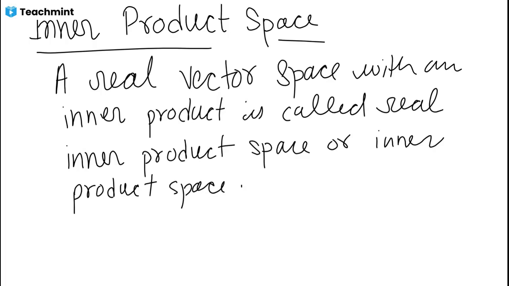A vector space will have certain vectors, so if those vectors satisfy the inner product axioms, then that vector space is called an inner product space. Exactly. Got it? Yes, ma'am.